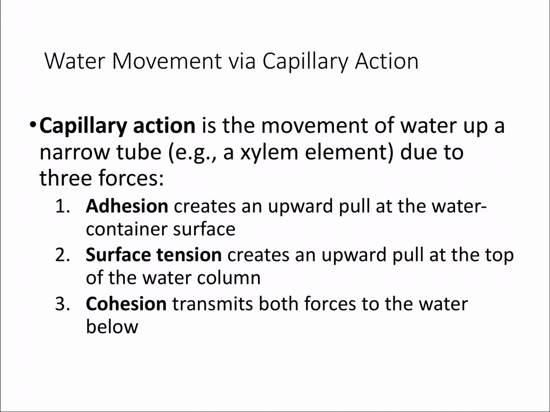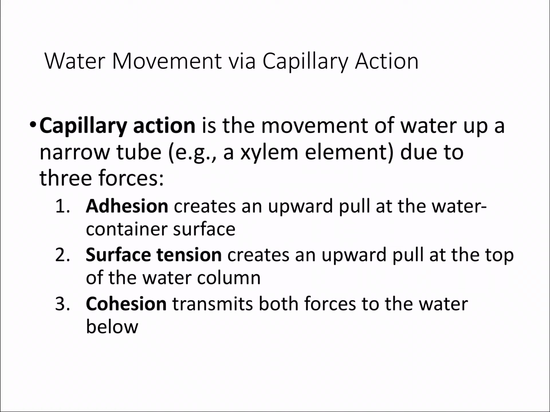Now, in terms of what's happening with our plants, we're going to start the process at the bottom, at the roots, and then this is going to continuously happen and pull the water up. Surface tension creates an upward pull at the top of the water column. An example of surface tension: I think it's called a Jesus Christ lizard.